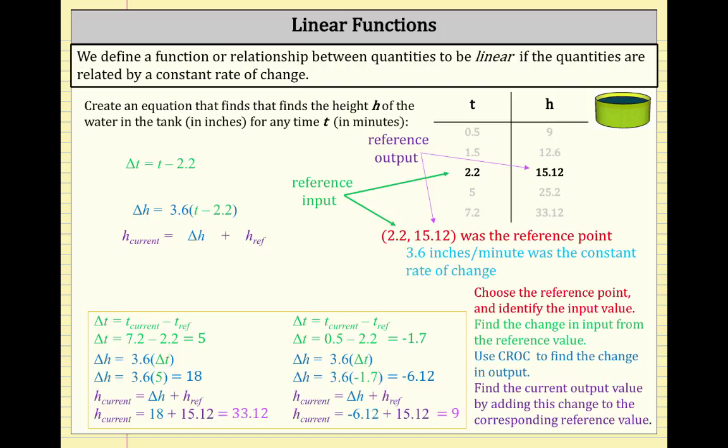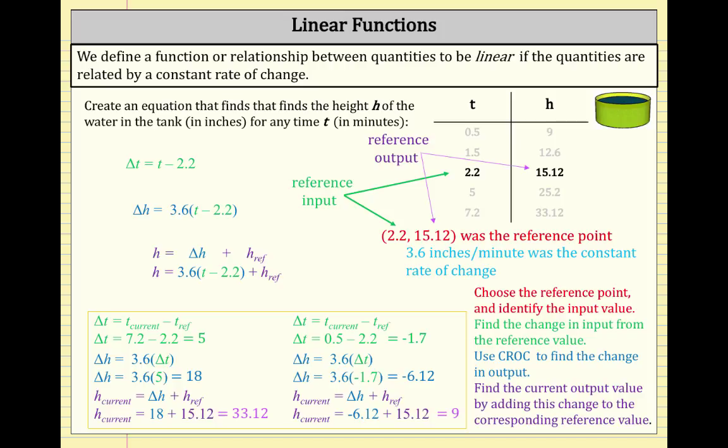So h current is equal to delta h plus h ref. The current h is represented by the height h, so that's the first replacement we're going to make. So h is equal to delta h plus h ref. Now delta h, we just found in the previous step, is equal to 3.6 times the quantity t minus 2.2. So let's replace that.